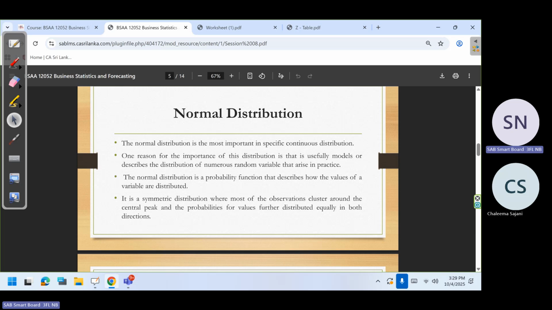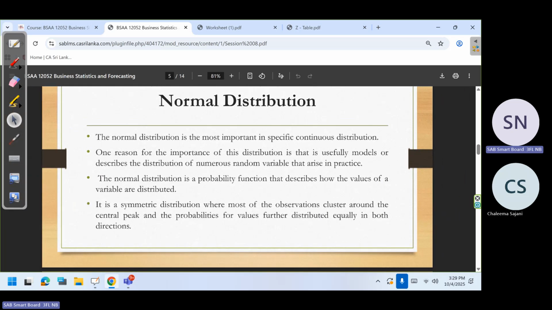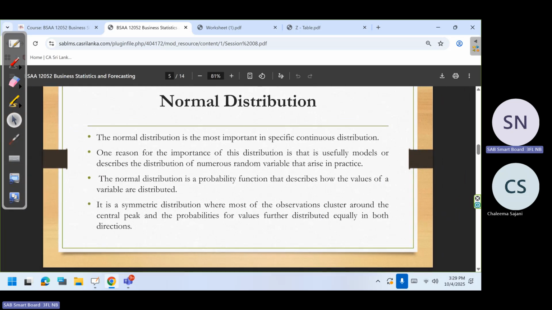The first point says the normal distribution is the most important continuous distribution. We have different types of probability distribution, but in your syllabus you have to study only the normal distribution. The reason is explained in the second part.